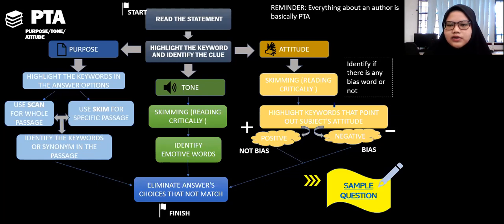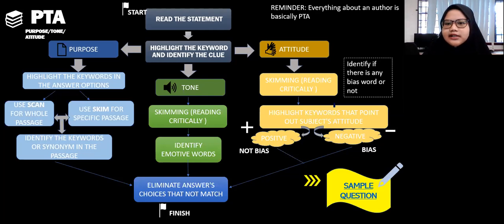So it is really a tricky question, because sometimes the attitude of a particular writer can change from paragraph one until the end of the paragraph. That's why you really need to understand and read by skimming to identify their attitude.